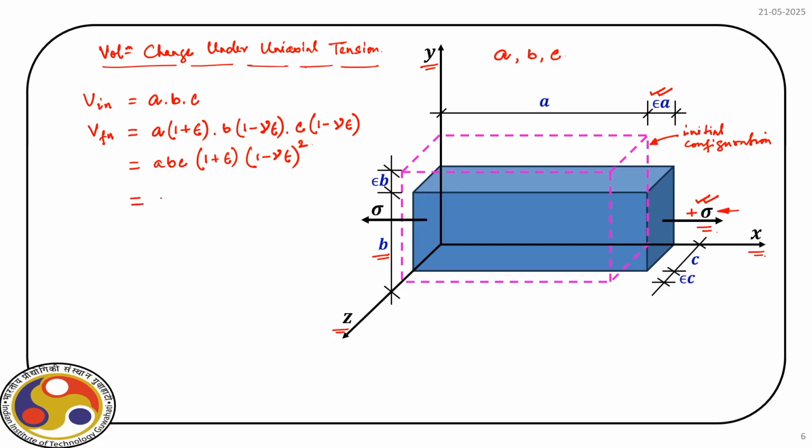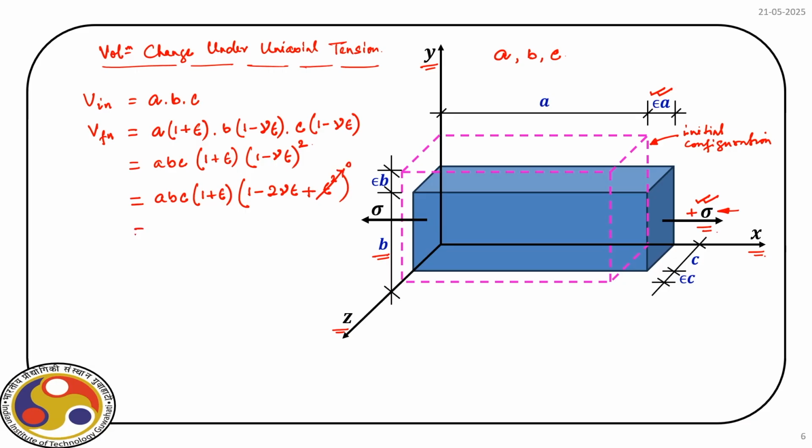If we further simplify, we have 1 plus epsilon, then here we have 1 minus 2 times epsilon times nu plus epsilon square. Now, because epsilon is a very small quantity, this we can neglect.